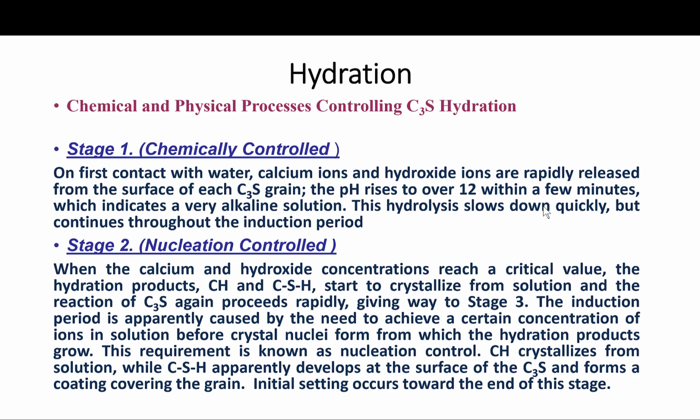Okay, what happened here? Calcium hydroxide crystallizes from the solution, while the calcium silicate hydrate apparently develops at the surface of the C3S grain and forms a coating to cover the grain. Initial set occurs at the end of this stage and in the first part of the third stage, about 2 to 4 hours.